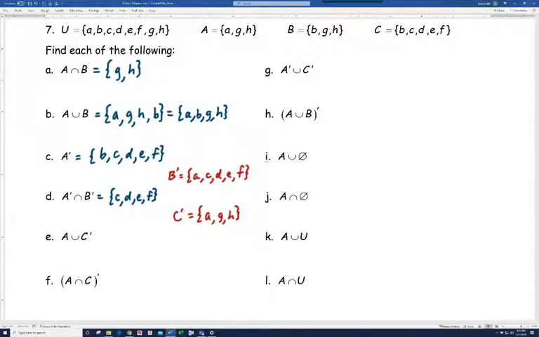So if you combine them together, you don't get anything new. So we're just going to get A, G, and H. In fact, that also could be written as just A. Either one of those is fine.